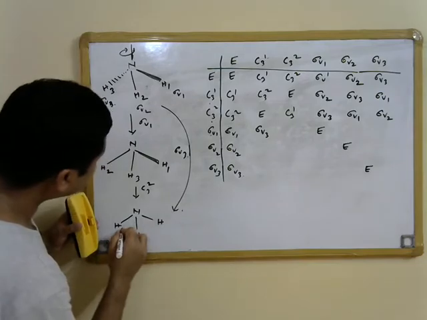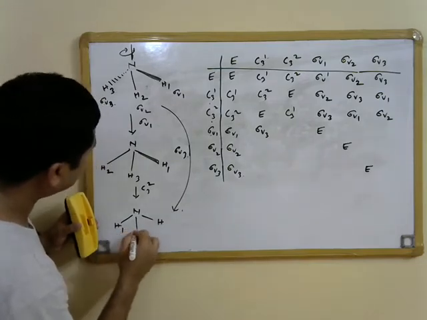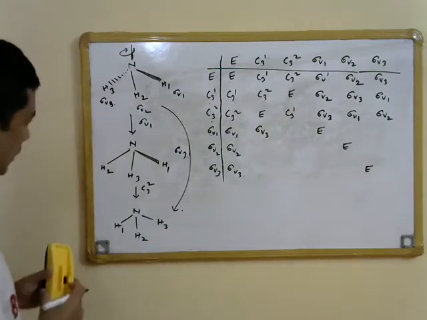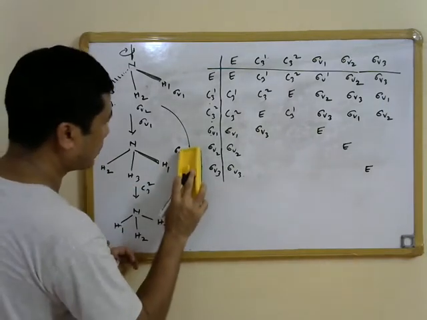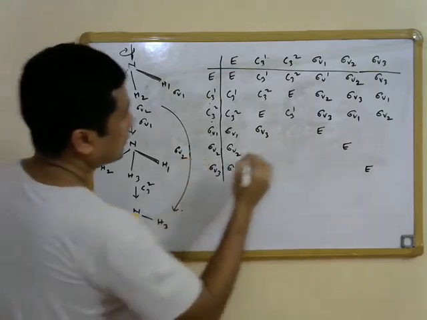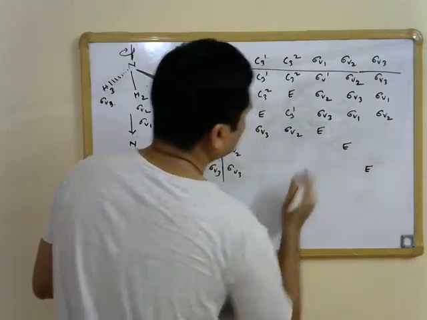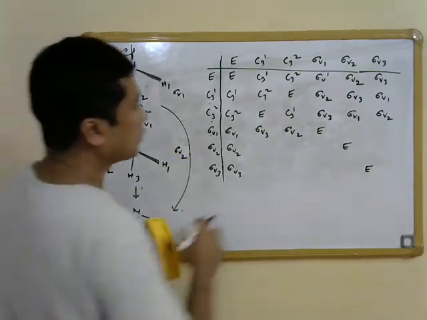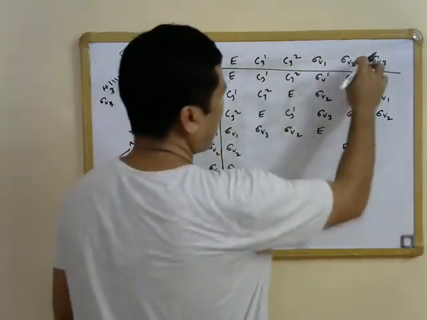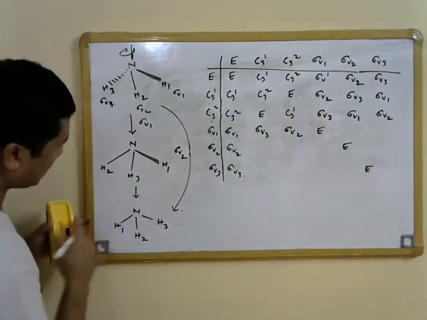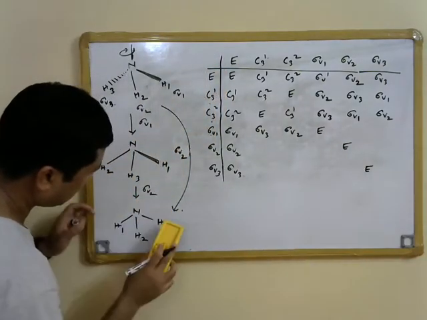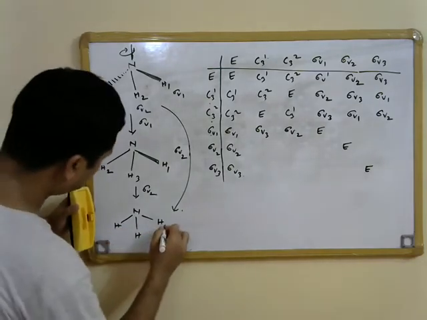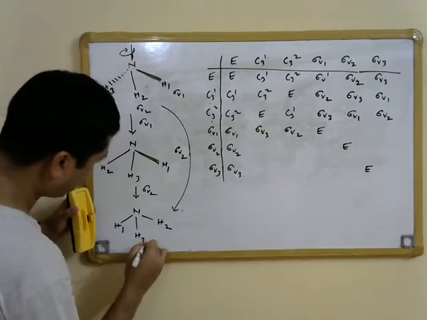Then let us do sigma V1 C32 here. So H1 is going to be here, H2 is going to be here, and H3 is going to be over here. So this is sigma V2. Then let us find out these two products, sigma V1, sigma V2. So when we do sigma V2, this is H2, this is H1, and this is H3.